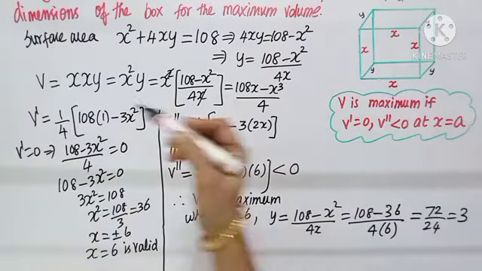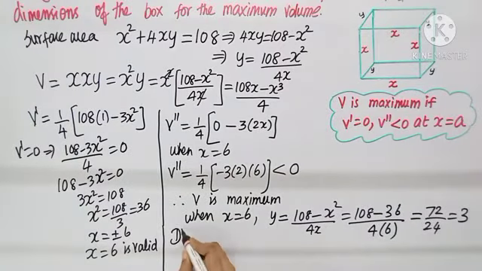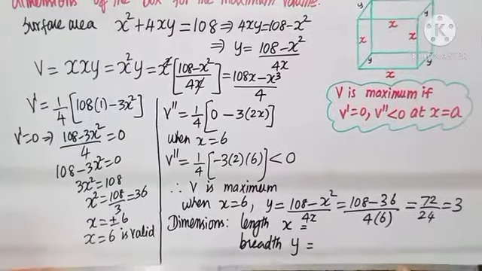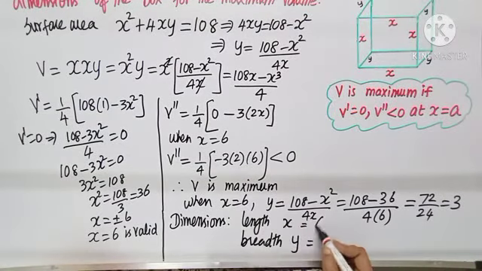The question is find the dimensions. So what do you mean by the word dimensions? Dimensions tell me what is the length and breadth. What is the length we have taken? X. The breadth we have taken is y. X is equal to 6 centimeters and y is equal to 3 centimeters, and that is the answer.